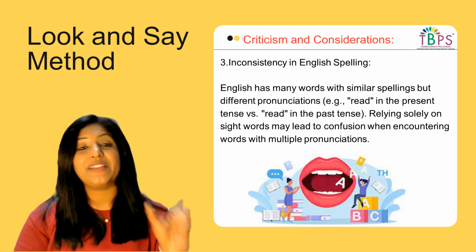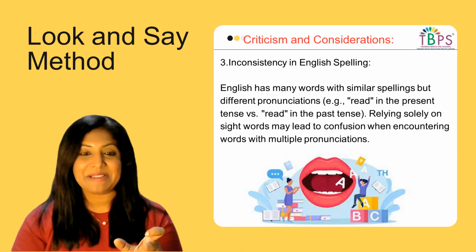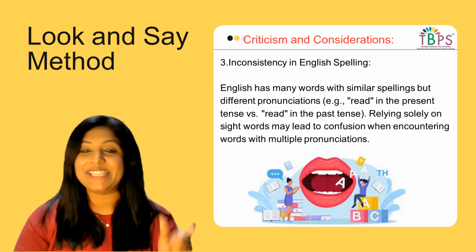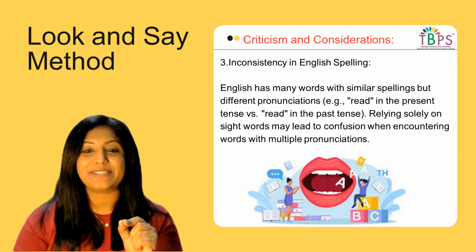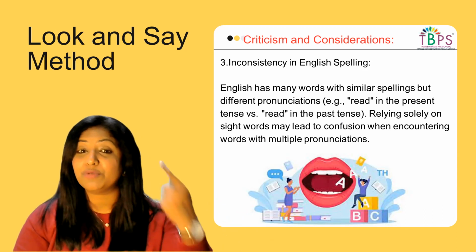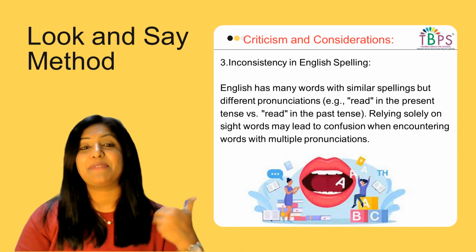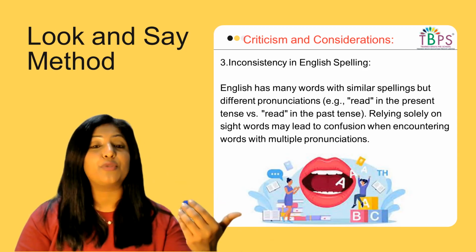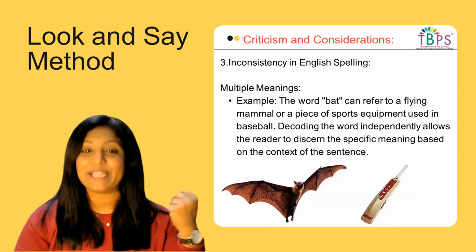So, in English, we have many words which have similar spellings but different pronunciation. Relying solely on sight words may also lead to confusion when we encounter words with multiple pronunciations. So, this is also one of the inconsistencies when we work with the spellings in our English language.